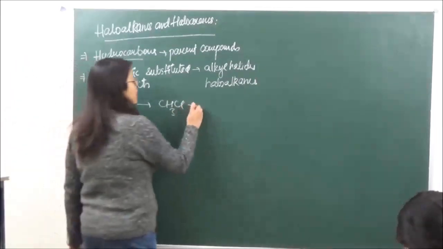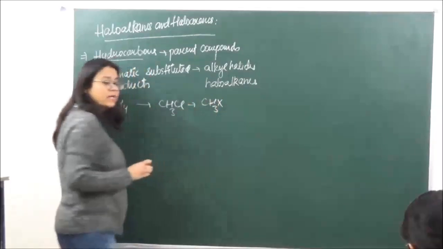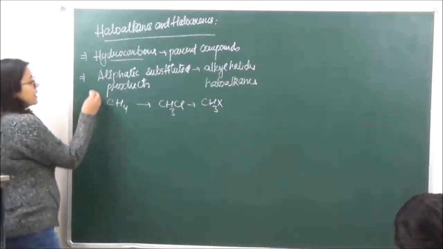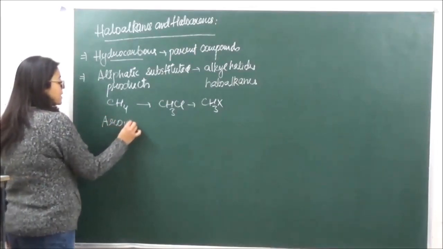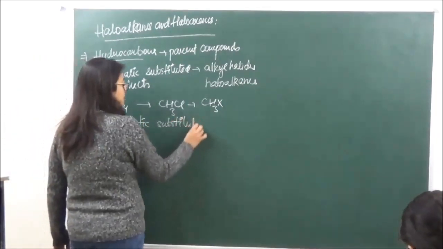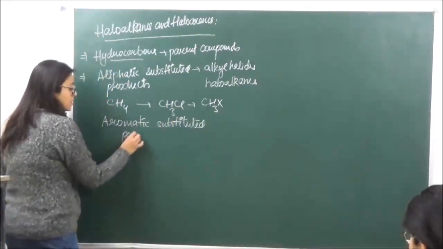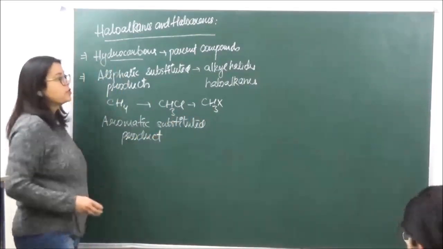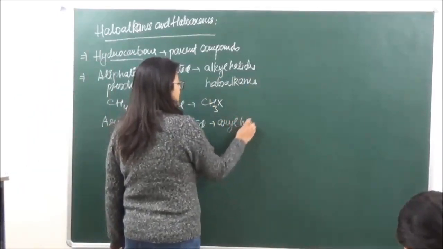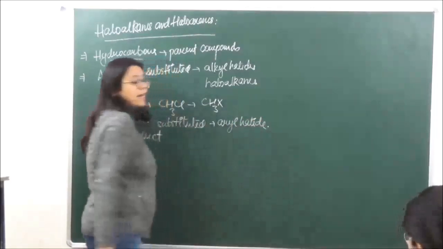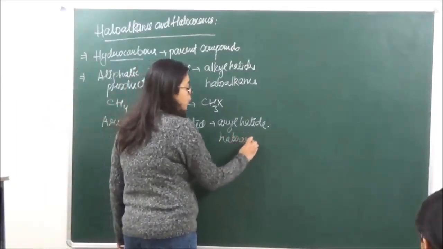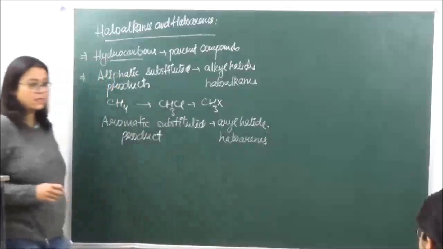Now more generally this will be written as CH3X, where X denotes any halogen. ठीक है? फिर उसके बाद the aromatic substituted product, that is going to be known as what? That is known as aryl halide, right? और अगर IUPAC देखें, that is going to be known as haloarenes.